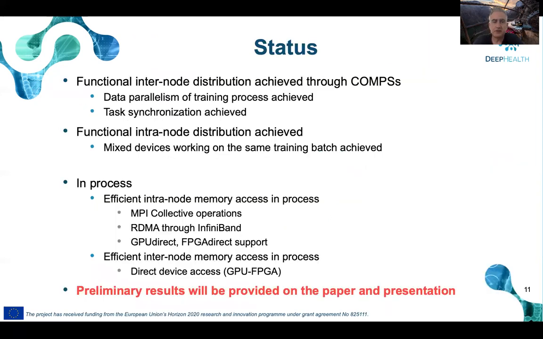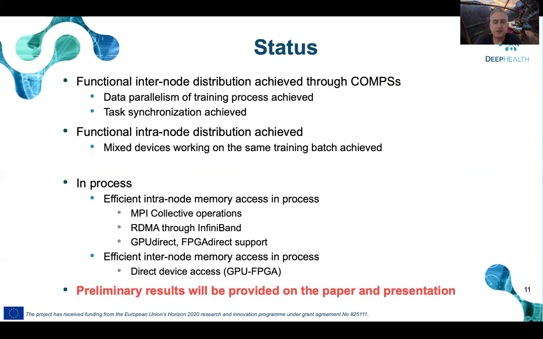And then just to conclude this elevator pitch, here you can see the current status: we have a functional implementation of the internode heterogeneous support, and during the project we are implementing efficient intranode memory access. So this will be based on MPI and remote direct memory access, GPU direct, and what we call FPGA direct support.